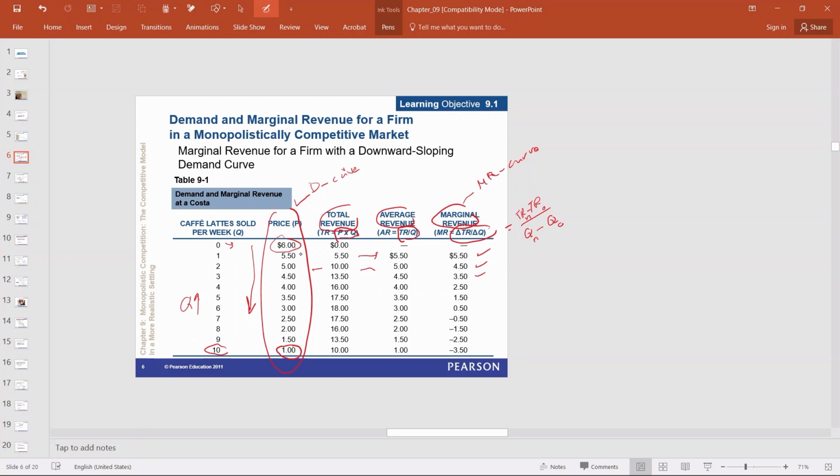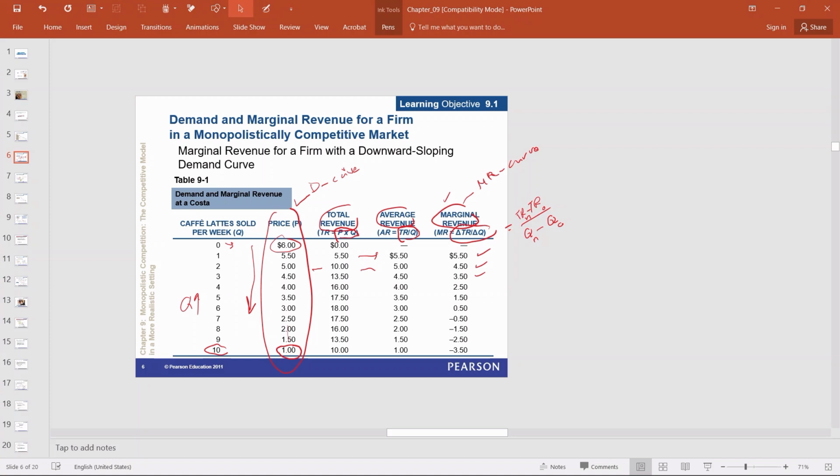It starts from a high number like 6 and it goes down until 1, which shows that price or the demand curve is a downward curve. And also for marginal revenue, it also starts with a high number and then it declines, but we only take the positive numbers.